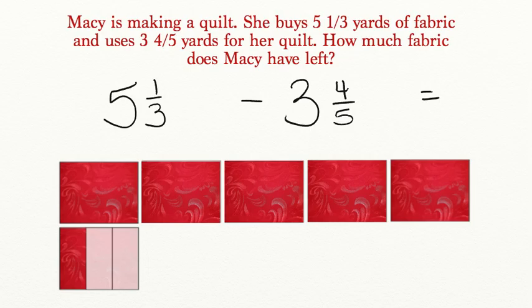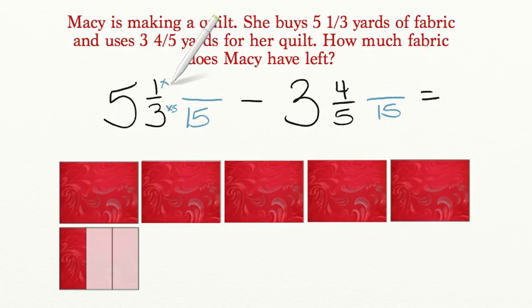All right, our first step is to look at our denominators. As you can see, we have thirds and fifths. They are not like denominators, so we need to find a number that 3 and 5 are both multiples of, so we can have a common denominator. Great! Let's use 15. If we multiply 3 times 5, we get 15.